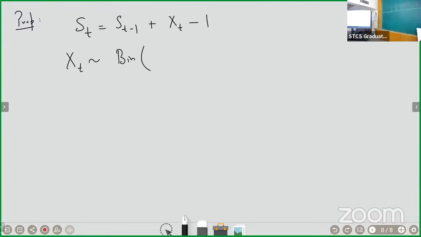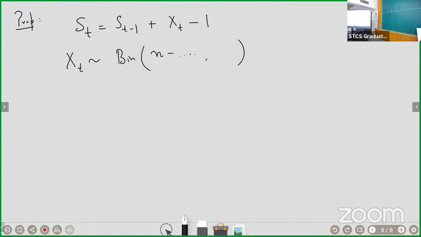It was not an independent process, it depended on the previous ones. N is the total number of vertices, so n minus S_{t-1} minus 1. It depended on S_{t-1} definitely. That is what you should remember. Let me just put a dot here.